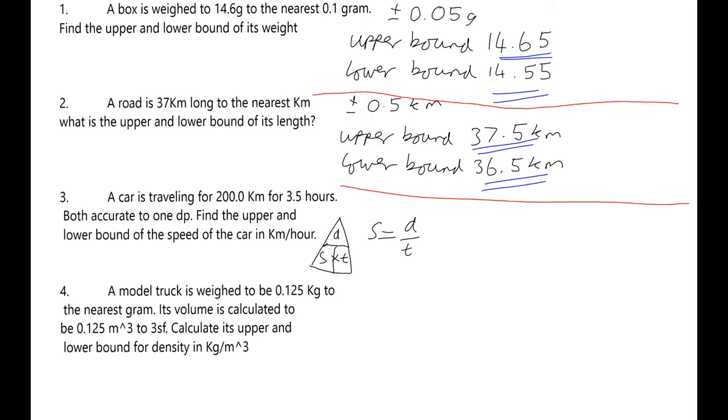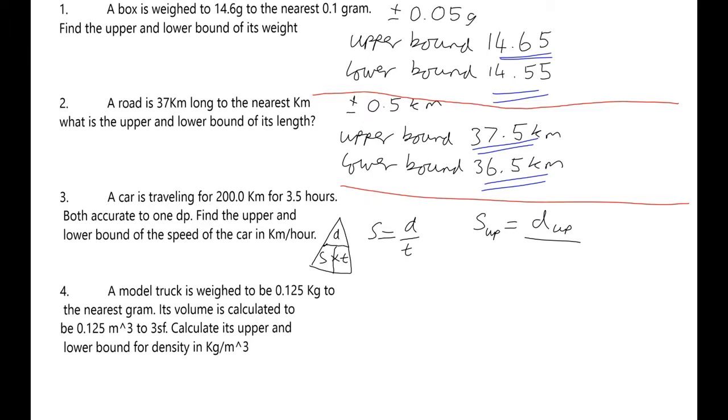So, what that means is that if we want our speed upper, we're going to want to have our distance upper on top. Now let's look at time. Well, if we've got the number on the bottom, if we want the speed to be as big as possible, we're going to want this number to be as small as possible. Let's have a think about it.